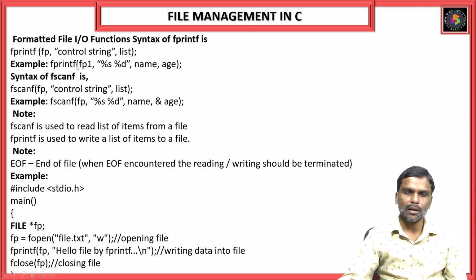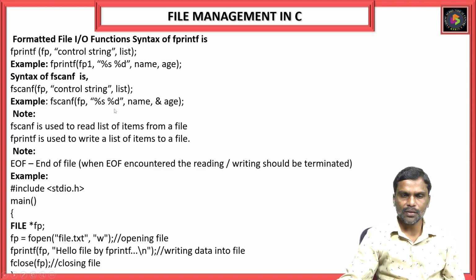This is for printing output. For fscanf, the input function, you can see fp file pointer, control string, list. It is the same manner in both cases, and here also the example has the file pointer, the format specifiers %s and %d, name and age, as we discussed just now for fprintf. Everything is the same here.